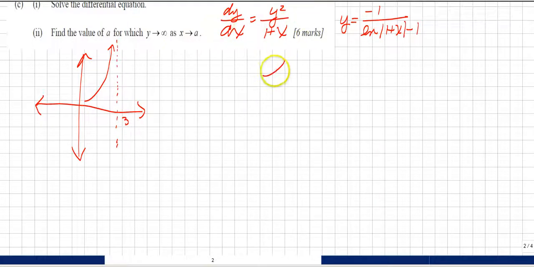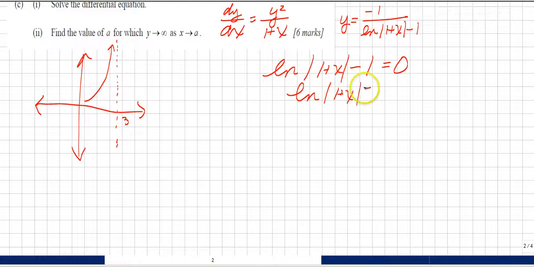Well, all we have to do is take the denominator, the natural log of 1 plus x minus 1, set that equal to 0, and solve for x. So we get the natural log of 1 plus x equals positive 1. When does the natural log equal 1? When this part equals e, because the natural log of e is 1.